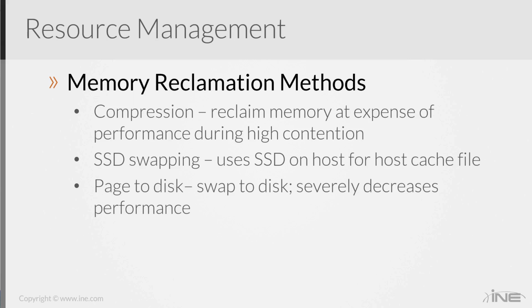The fourth method is the creation of a host cache on an SSD device on our host. This cache will be used after the other memory reclamation methods have been tried. So after we have tried TPS, ballooning, and memory compression, only then would the VMkernel attempt to use the host cache on an SSD.